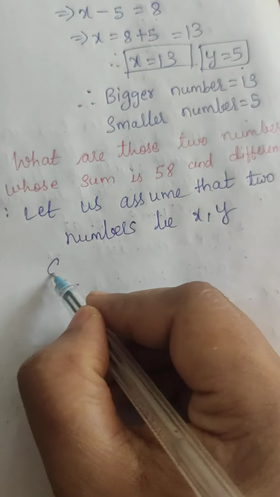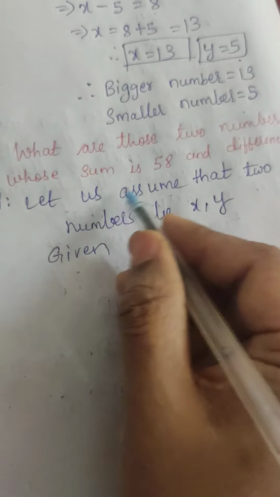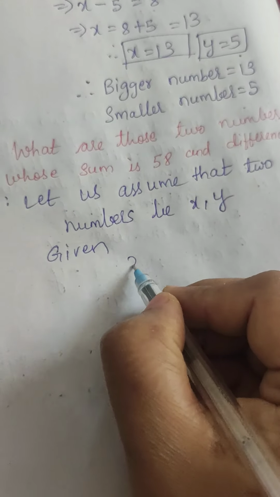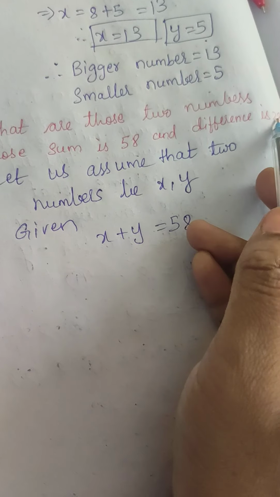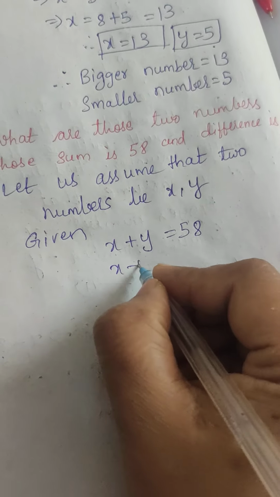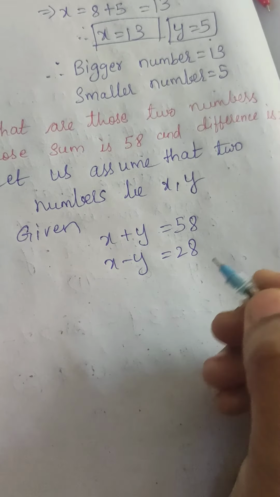Given that, sum is 58. Sum of two numbers means x plus y is equal to 58 and difference is 28 means x minus y is equal to 28.